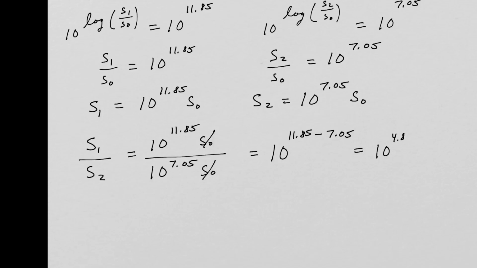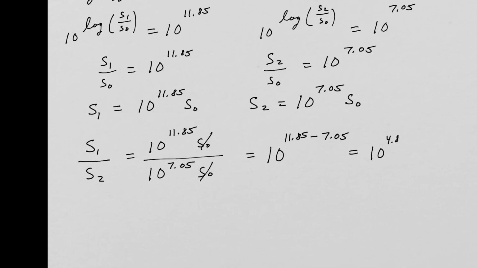Right, when you subtract those. But what is 10 to the 4.8? So now you can do that in your calculator, and it's around 63,096.